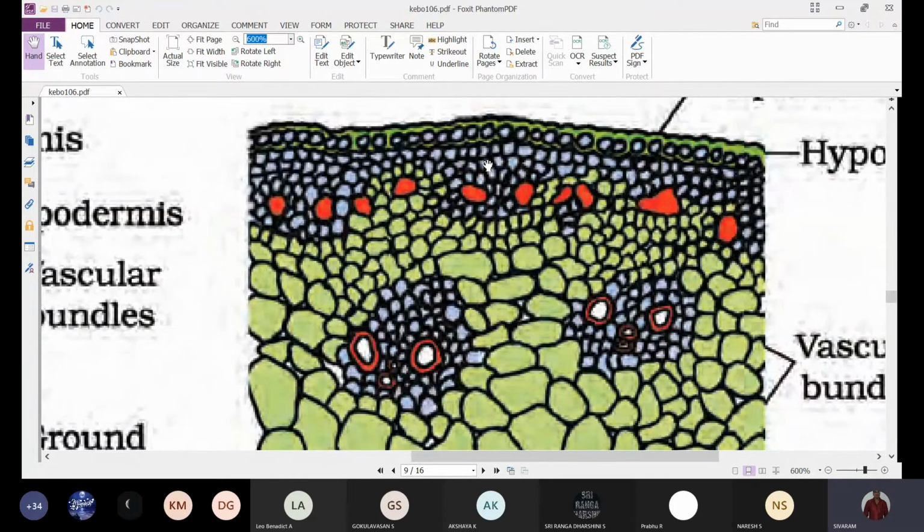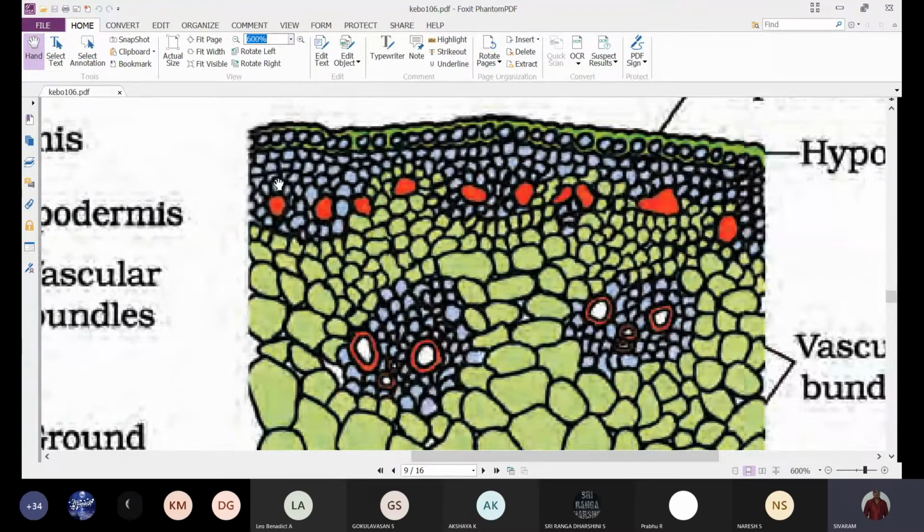And next, inner to the epidermis we will find the hypodermis. It is made up of collenchyma, which will provide mechanical support to the plant body. And next, inner to the hypodermis we will find the cortex, the layer that is present below the hypodermis.